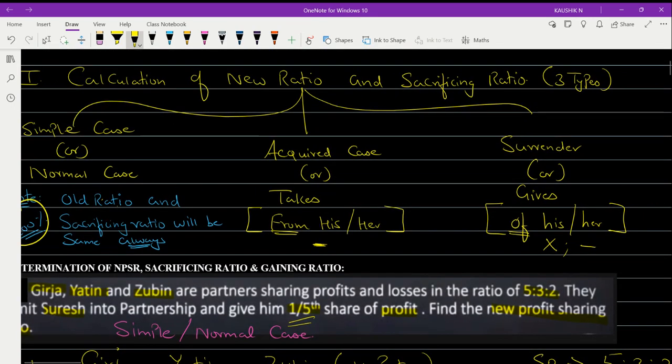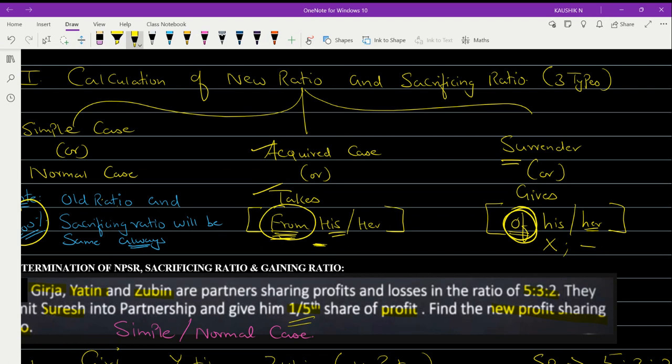In case of an acquired or taken case, it will be mentioned as "from his share." Whereas in a surrender case, the wording will be "of his share." When it is a surrender case, you have to apply both multiplication as well as minus. But if it is a case of acquired or taken, you can go with the direct minus. Need not do any multiplication.